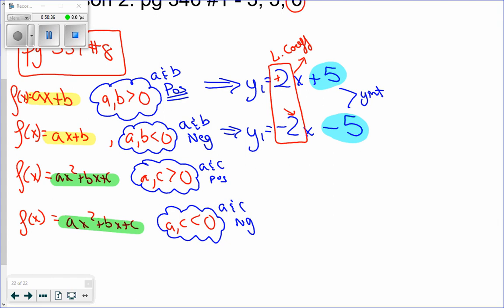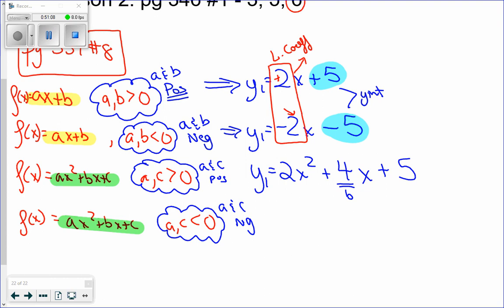That is diploma. So here, A and C have to be positive. Did they put any restrictions on B? No, so you can make B any number that you want. A has to be positive, B is whatever I want, and then C has to be positive as well. So if you plug that into your calculator, you should get number 4.